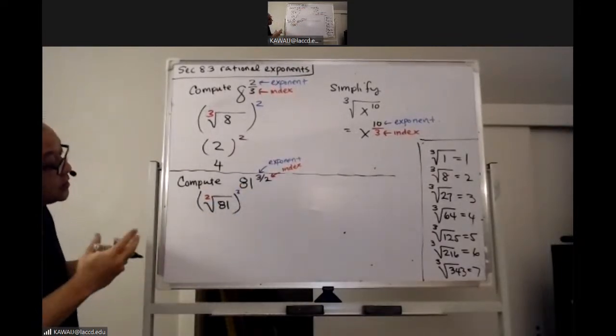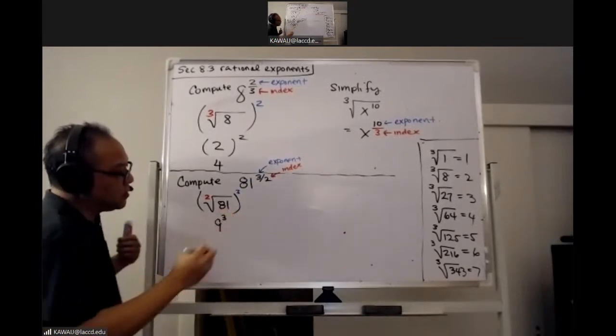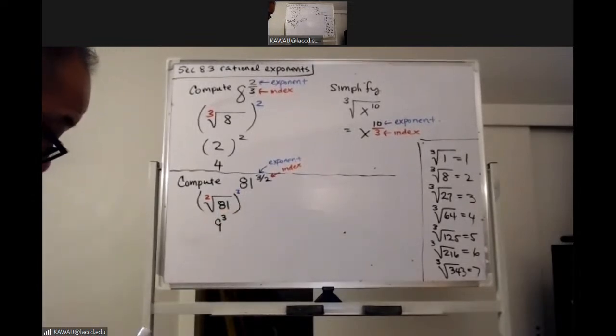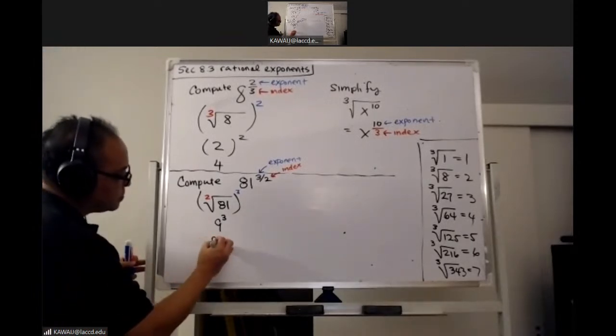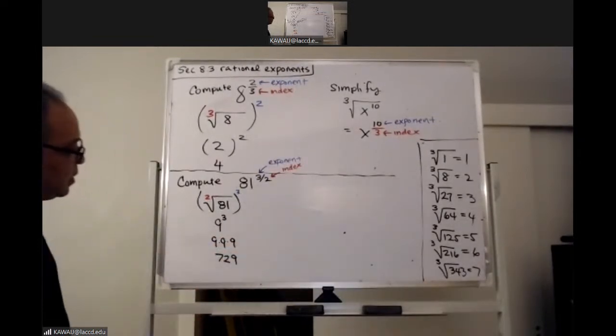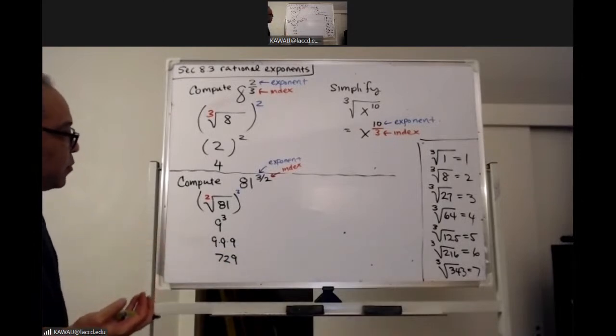And then you go square root of 81 is 9 cubed. What's 9 cubed? 9 times 9 is 729.